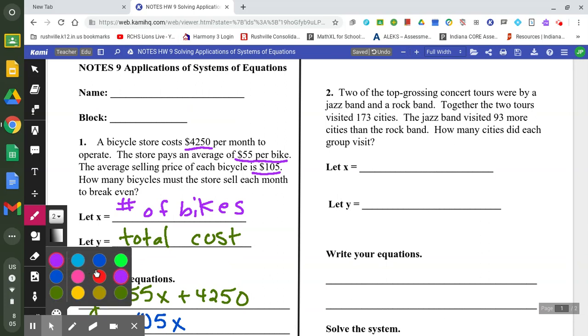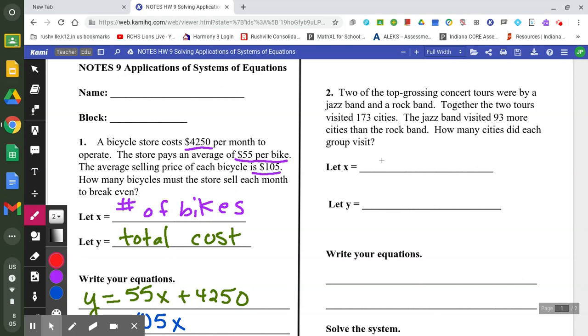On number 2, two of the top grossing concert tours were by a jazz band and a rock band. Together, the 2 tours visited 173 cities. The jazz band visited 93 more cities than the rock band. How many cities did each group visit?